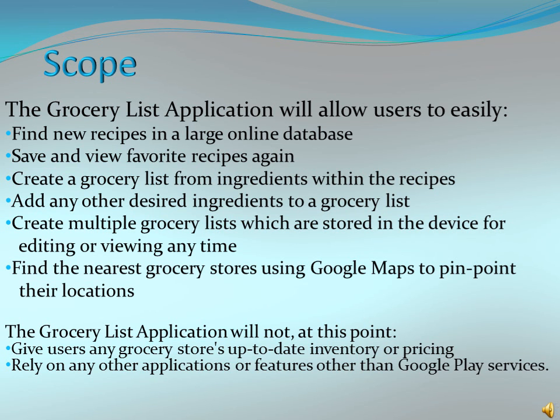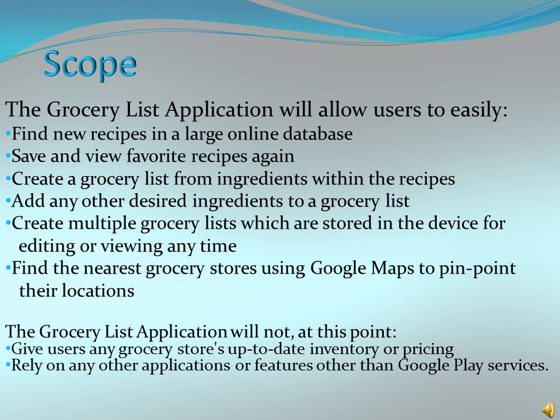Hi, I'm Xavier Gagnon, and I'm going to be talking about the scope and the schedule of the project. The grocery list application will allow users to easily find new recipes in a large online database, save and view favorite recipes again, create a grocery list from ingredients within the recipes, add any other desired ingredients to a grocery list, create multiple grocery lists which are stored on the device for editing or viewing at any time, and find the nearest grocery stores using Google Maps to pinpoint their locations.